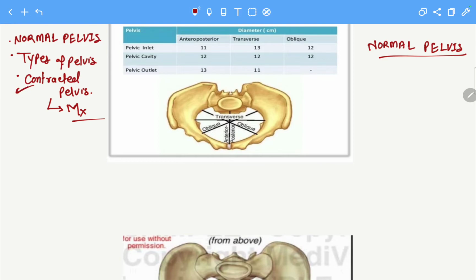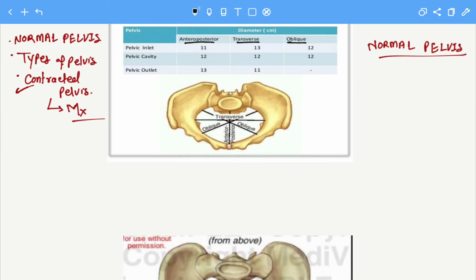What are the diameters we need to remember? The anterior posterior diameter, the second one is the transverse diameter, and the third is the oblique diameter. Whether you remember all the diameters or not, it will help you to understand the topic of contracted pelvis.